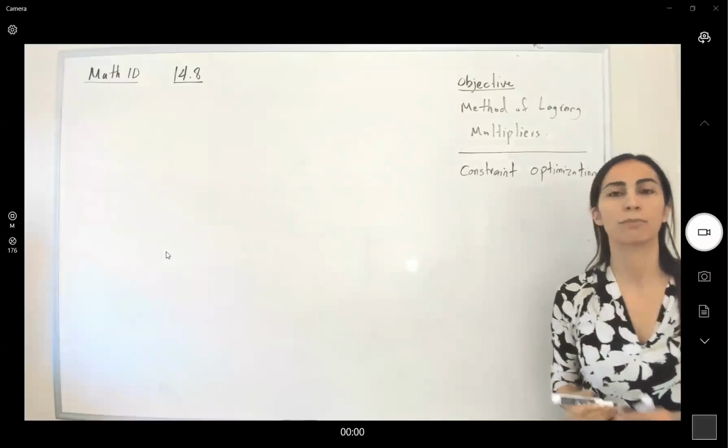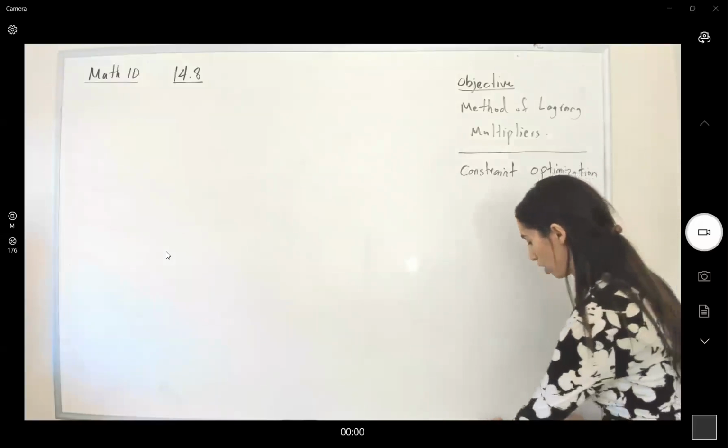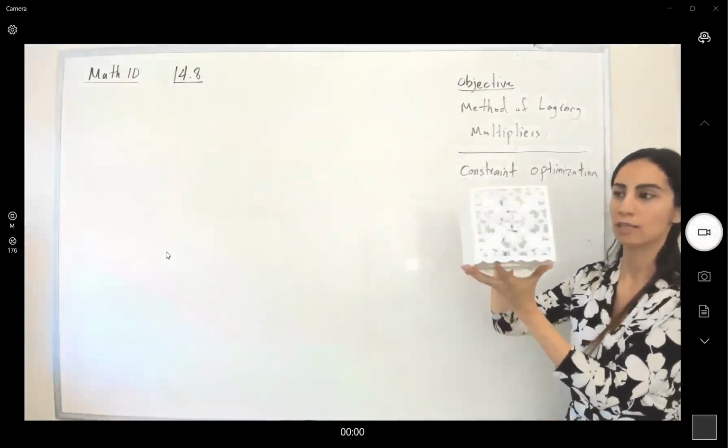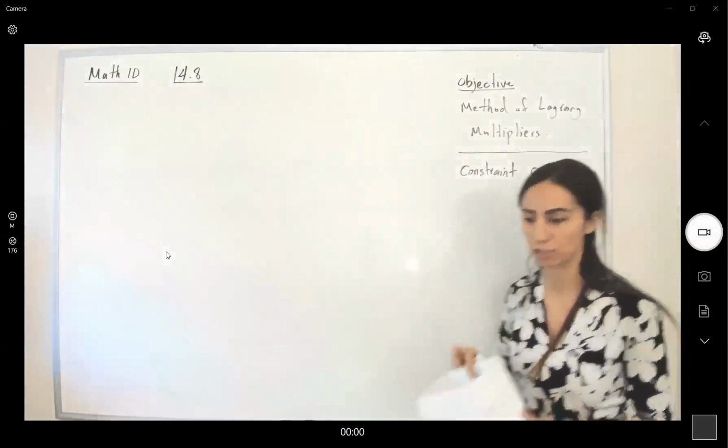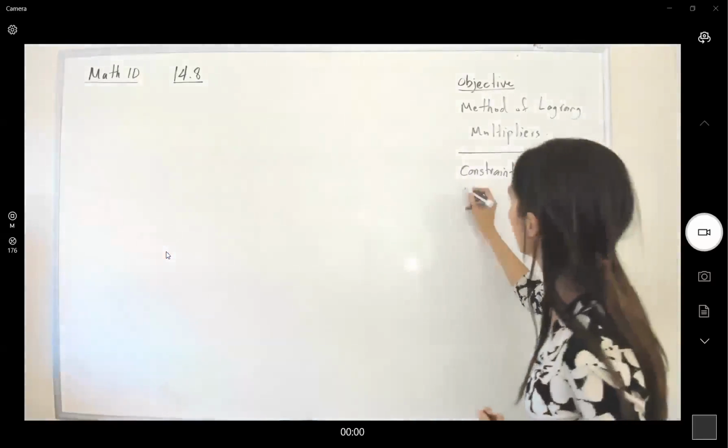For example, suppose your job is to construct an open box, and you have some financial constraint. You want to maximize the volume of the box.